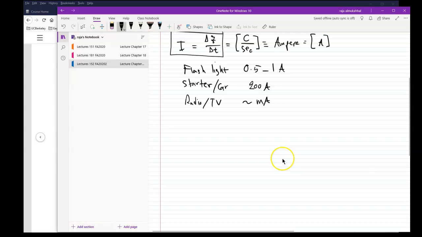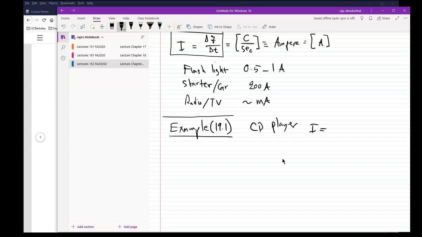Well, basically what it says, you have a CD player, and it says that the current through the CD player is 2.5 milliamp.